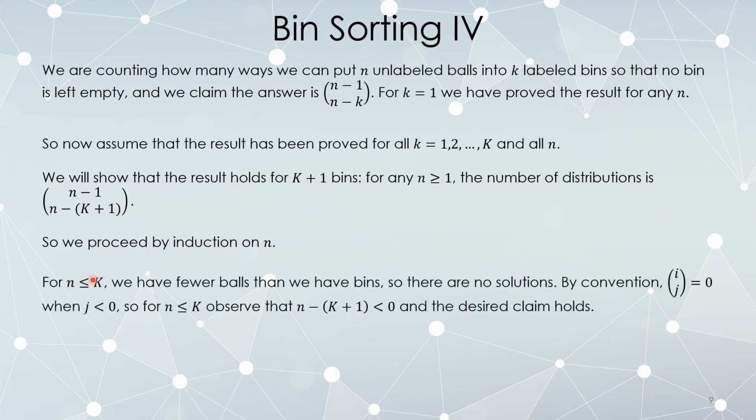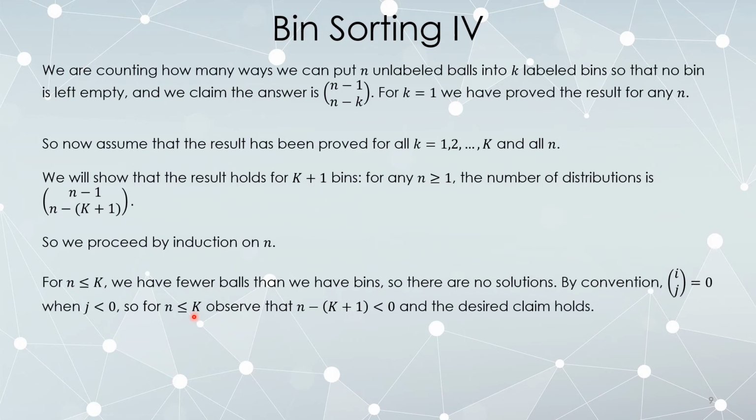If n is less than or equal to k, we have fewer balls than we have bins, so there's no way to do this. Recall that the restriction is that no bin can be left empty. So if we don't have enough balls to do it, well, there's nothing to do. We have k plus 1 bins, so if n is less than that, then n is less than or equal to k. Now by convention, j choose i is 0 when j is less than i, when the bottom number is negative.